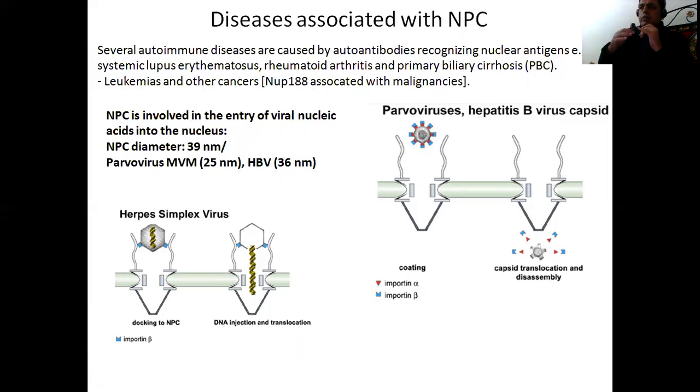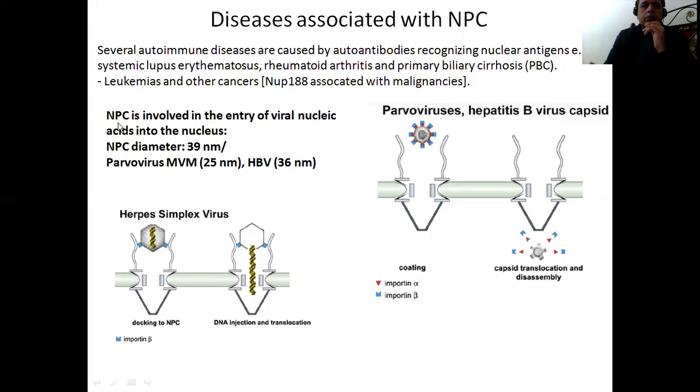When a tumor starts spreading to different tissues, we call it a malignancy, a malignant tumor. So this particular nuclear pore complex protein has been associated with many malignancies. It is overexpressed in many malignancies, suggesting that it has a certain role in them.